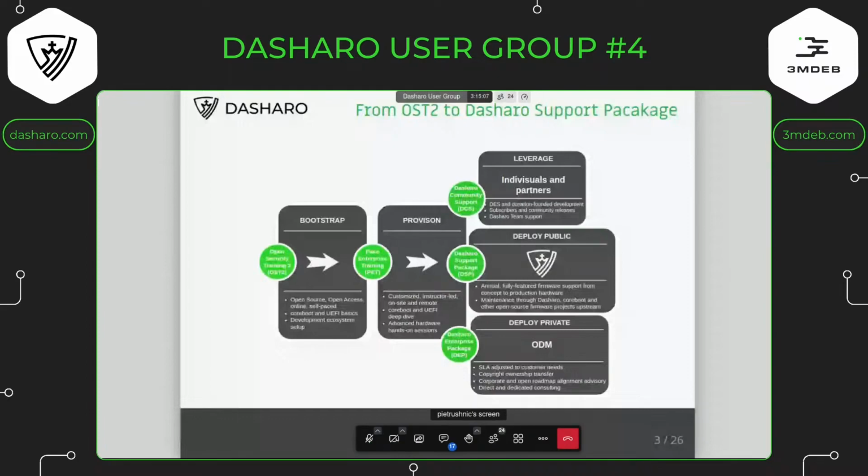For the large organizations, like hyperscalers, we have a third model, which is the Dasharo Enterprise package. We understand these organizations have different legal requirements and various complex NDA stuff, and we know how to deal with that. We already dealt with that.